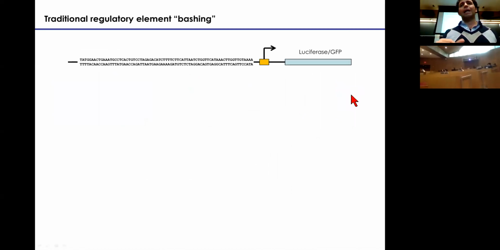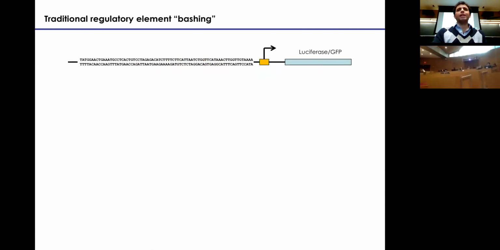So here's how things have been done traditionally. You would take a putative regulatory region, sometimes on the order of thousands of nucleotides, and clone it in front of some common promoter and a reporter gene that tells you whether that region is driving gene expression. Everybody clear as to what we're doing here?